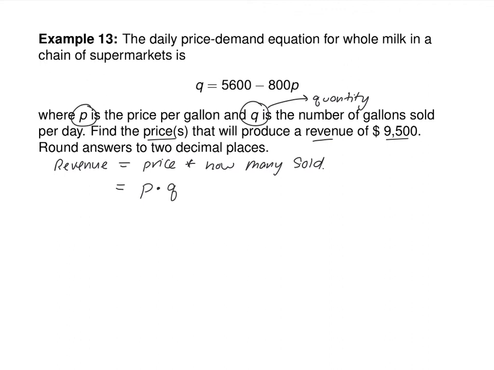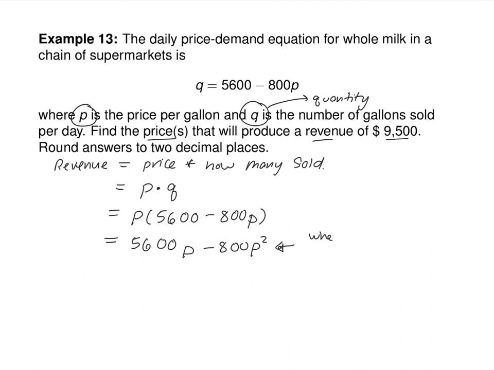So revenue is price times quantity. Or it's P times 5600 minus 800P. Or, distributing your P, it's 5,600P minus 800P squared. And you want to figure out, when does this equal 9,500?